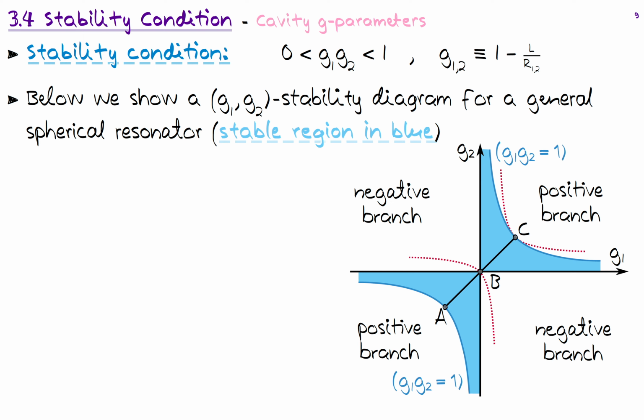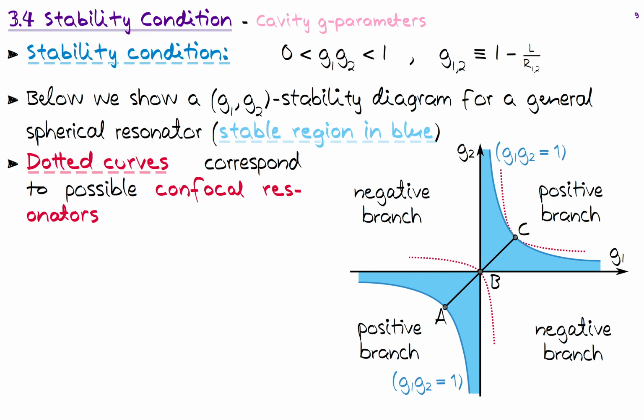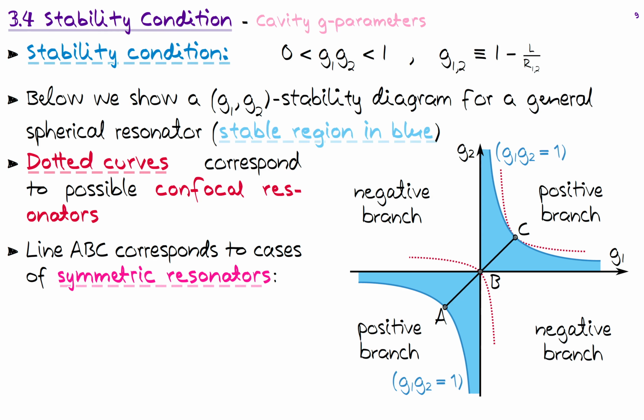So this is basically how we can now graphically understand what kind of cavity configurations using spherical mirrors and possibly plane mirrors would give us a stable cavity configuration. So this is nice. The dotted curves here correspond to the possible confocal resonator configurations. And then the line ABC in that figure corresponds to special cases of symmetric resonators.